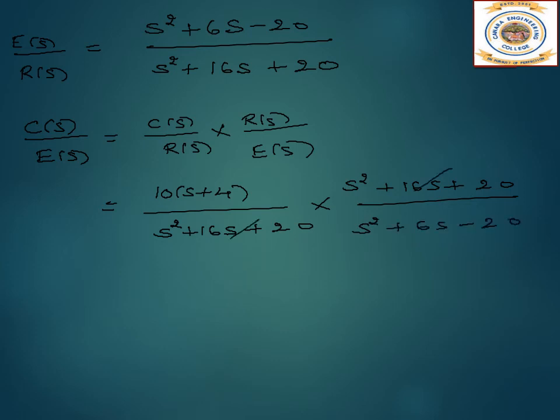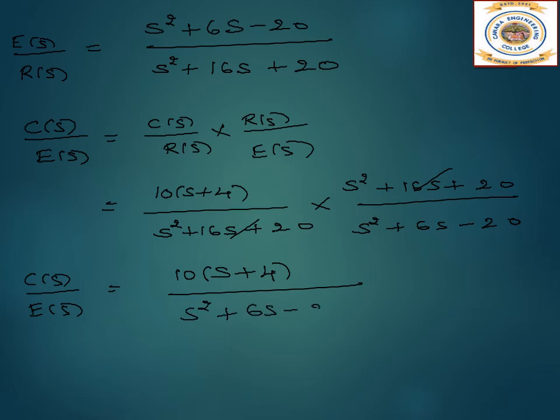So this and this cancel. So C of s by E of s we get as 10 into s plus 4 divided by s square plus 6s minus 20. So this is the answer for C of s by E of s.